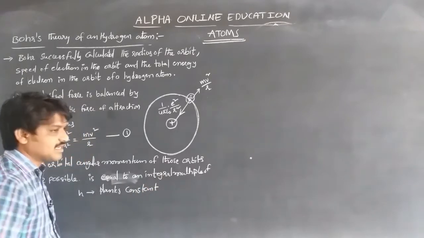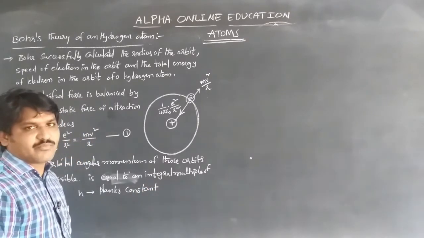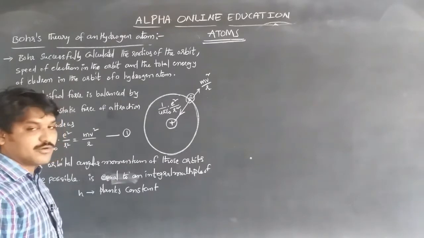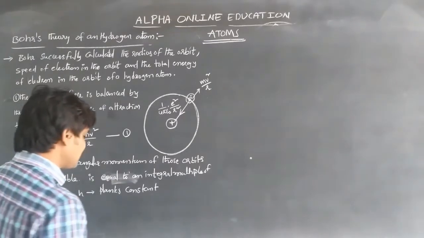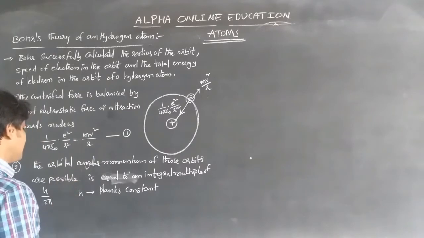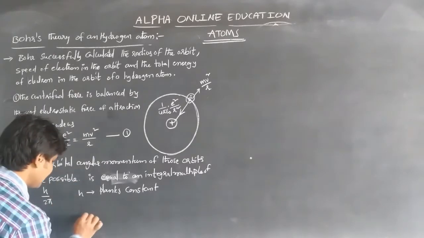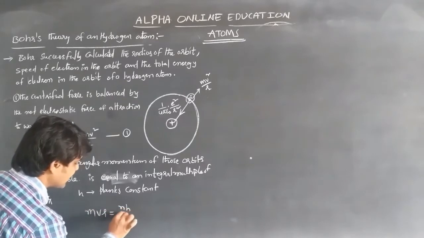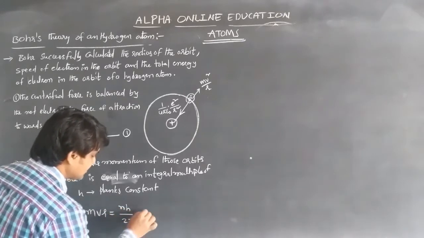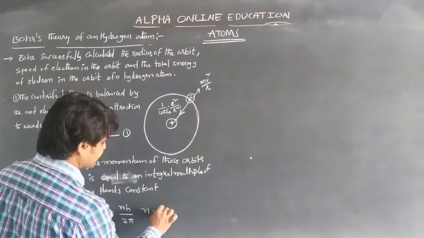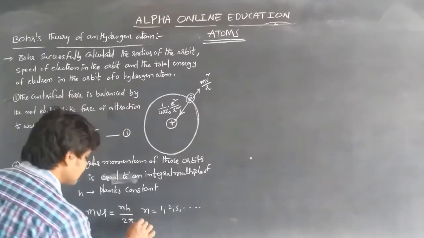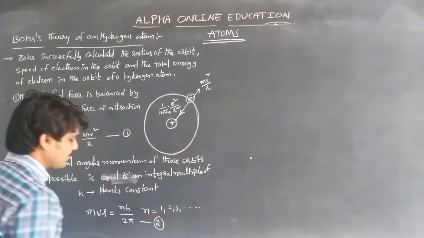Niels Bohr has given this by using Planck's quantum theory and the classical mechanics involved in Rutherford's postulates. So we can write mvr is equal to nh by 2 pi. Here n is the number of the orbit, so we can say 1, 2, 3 and so on. This is considered equation number 2.